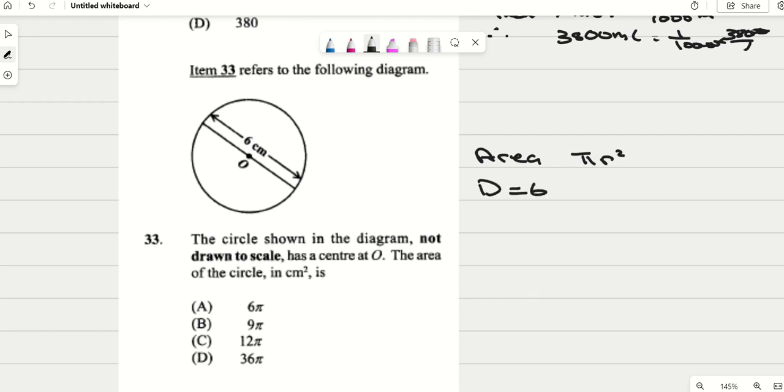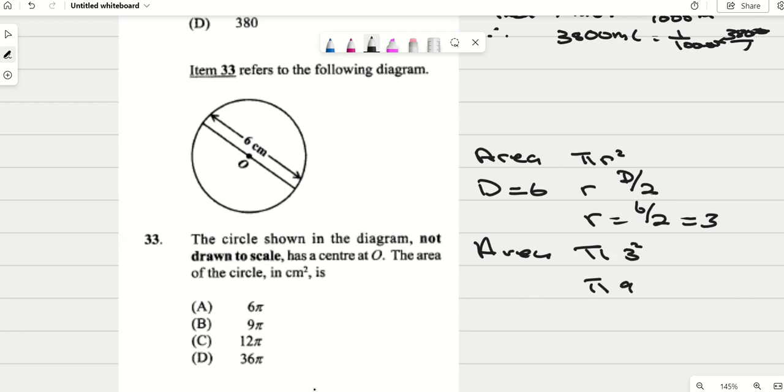If your diameter is 6, your radius is your diameter divided by 2. So your radius is 6 divided by 2, which is equal to 3. So your area would be pi by 3 squared, which is pi by 3 3s are 9, so it is 9 pi. So B is your answer. All right, let's go to the next one.